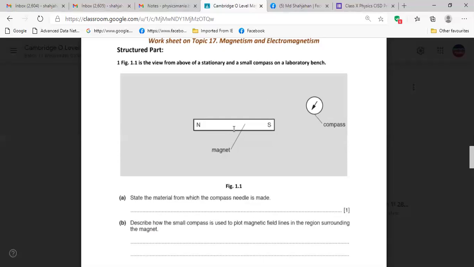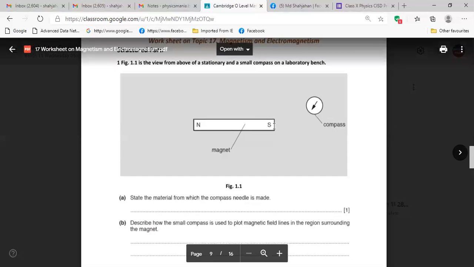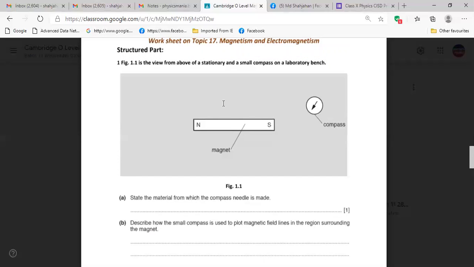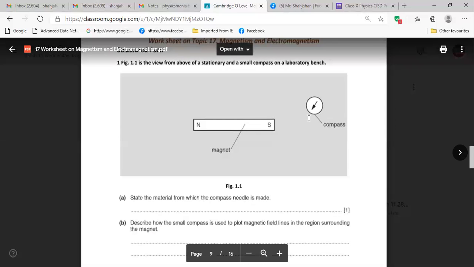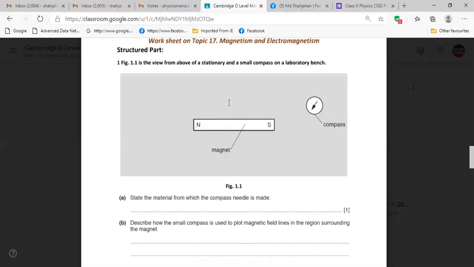Okay, so this is the second step done, and the third step is joining these lines and also showing the arrow. Also draw arrows to show the direction of the field lines from north to south, because your North Pole has shown direction everywhere, right?